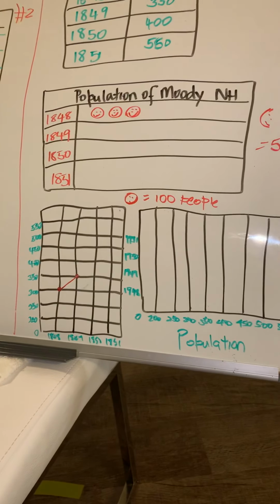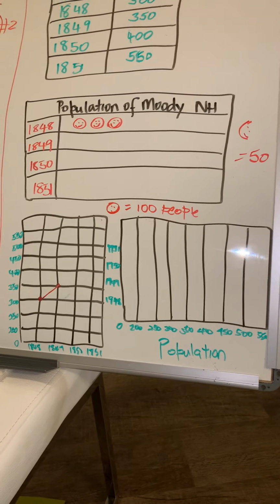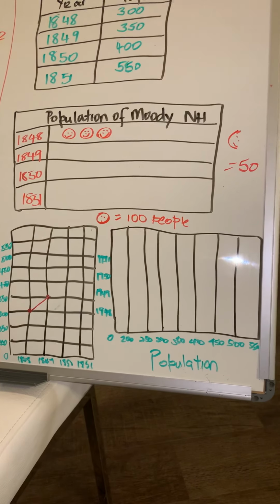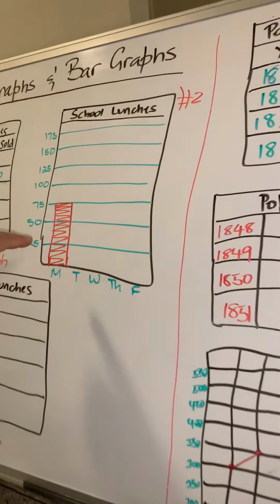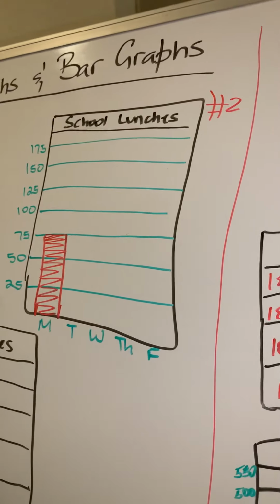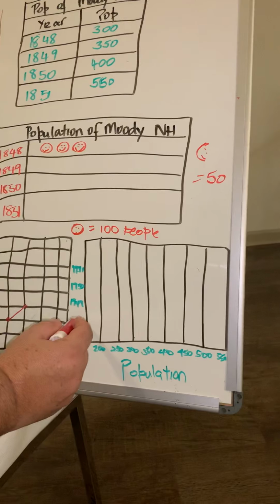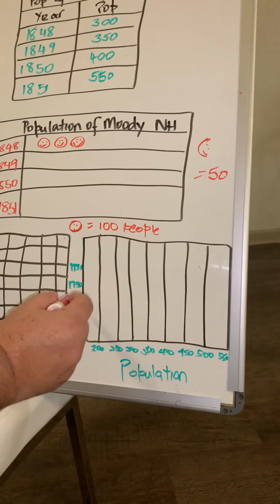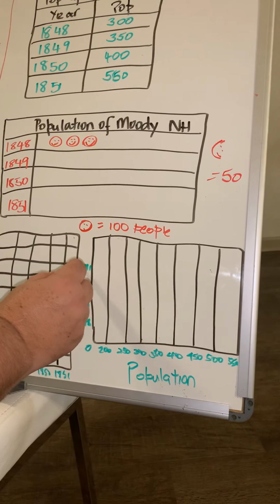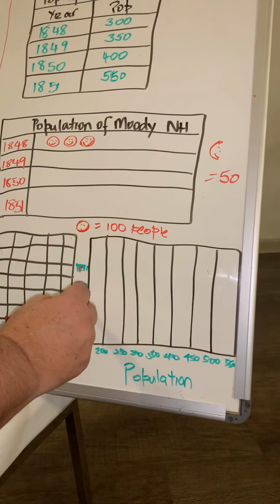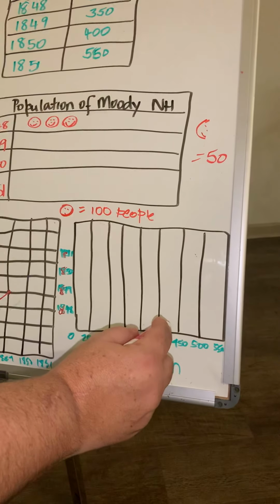Now the bar graph confused a lot of persons, because everybody is assuming that every single bar graph has to go up, just like we had in the egg work we did on the 23rd, where the bar went up for school lunches. But it doesn't always have to be that way. If we have 1848, 1849, 1850, and 1851 represented here, then we need to know that the number of persons is what's represented here on this bar graph.